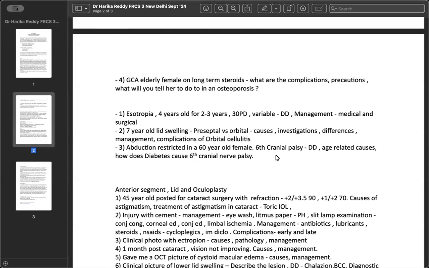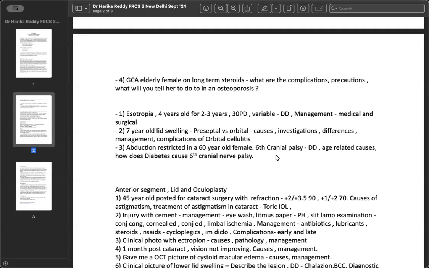So basically, for preseptal, it could be an insect bite, and for orbital, it could be a tooth caries extraction. Orbital can also come from any other generalized septicemia.